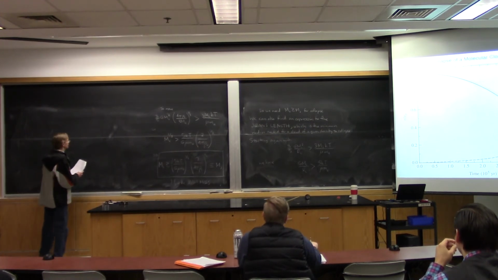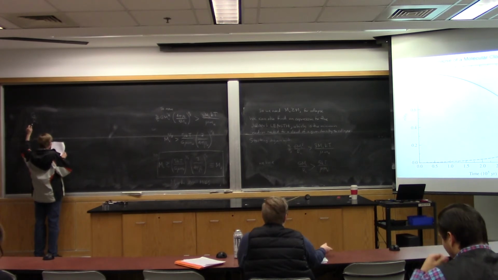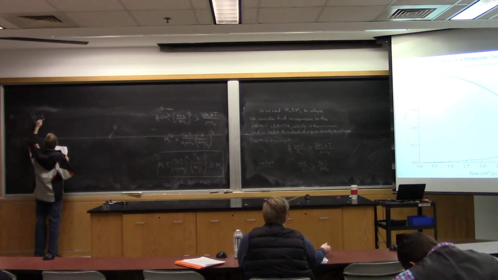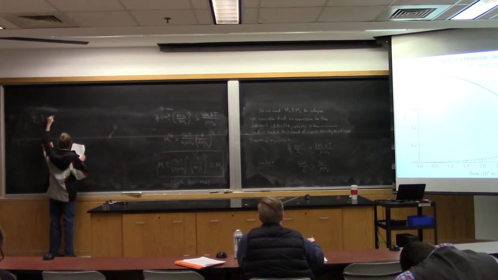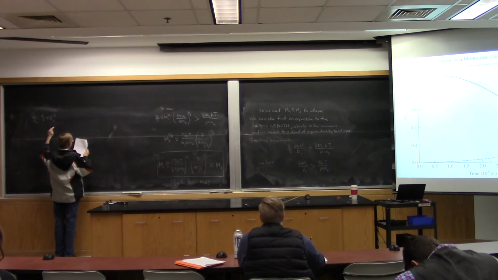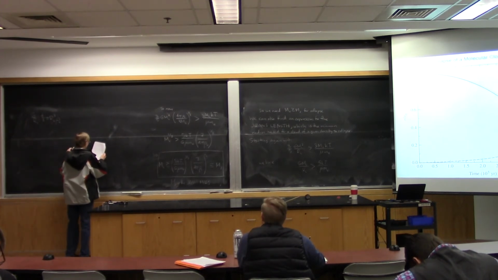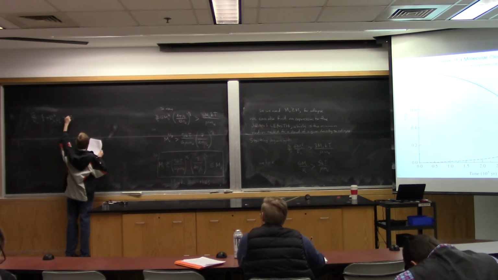So G over the radius of the cloud times the mass of the cloud, which we'll write as 4/3 pi r cloud cubed times rho cloud. The rho cloud is missing in my notes apparently, is greater than 5 kT over mu m_H.